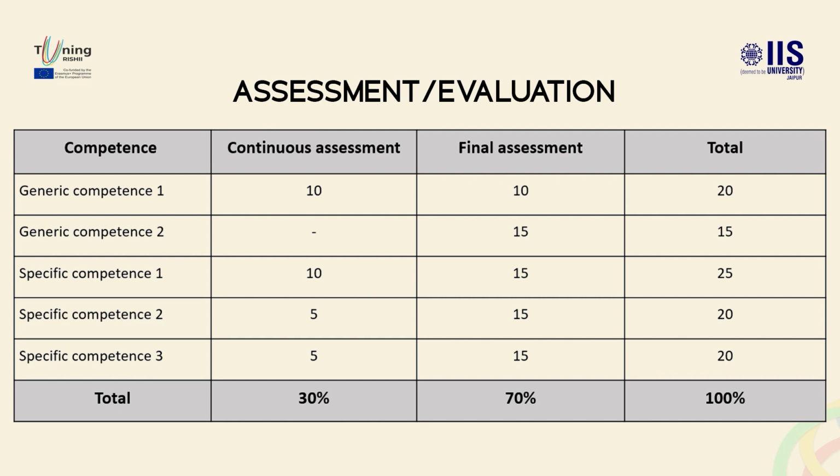As you all can see, the weightage assigned to the generic and specific competencies is not equal, as generic competency 1 carries 20% weightage, generic competency 2 carries 15% weightage, specific competency 1 carries 25% weightage, specific competency 2 carries 20% weightage, and lastly, specific competency 3 carries 20% weightage.